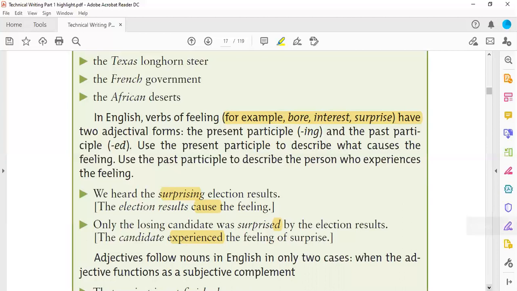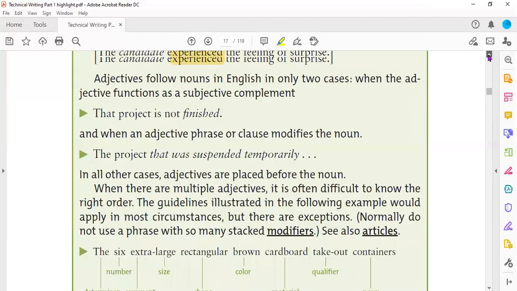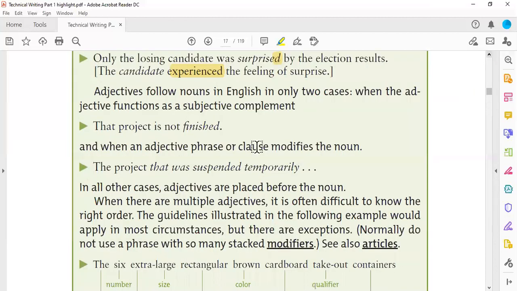An adjective follows a noun in English in only two cases. When the adjective functions as a subject complement, as in that project is not finished. So here, we know that adjectives come before nouns, right? But in some cases, an adjective can come after the noun, okay? When it functions as a subject complement, meaning that this is an adjective, but it's a complement.